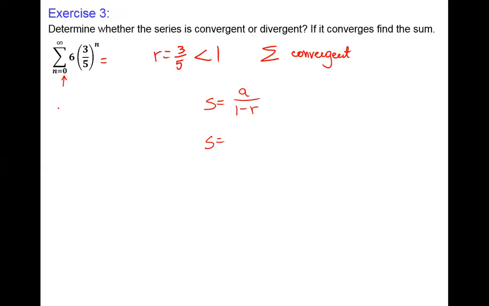That means the first term is 6 times 3 over 5 to the power of 0. And then the next one will be 6 times 3 over 5 to the power of 1, and 6 times 3 over 5 to the power of 2, and so on.